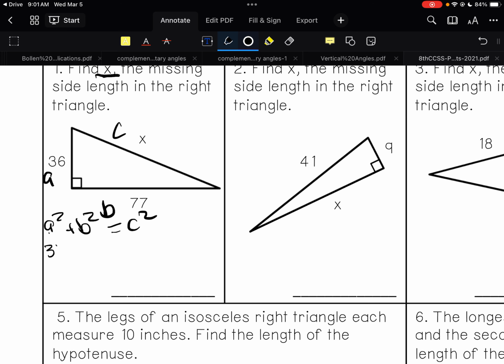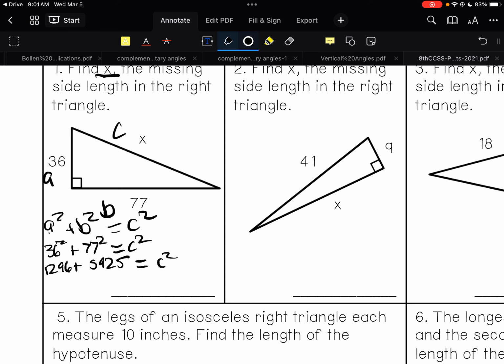We have 36 squared plus 77 squared equals C squared. 36 times 36 is equal to 1,296 plus 77 times 77, which is equal to 5,929. All of that equals C squared.